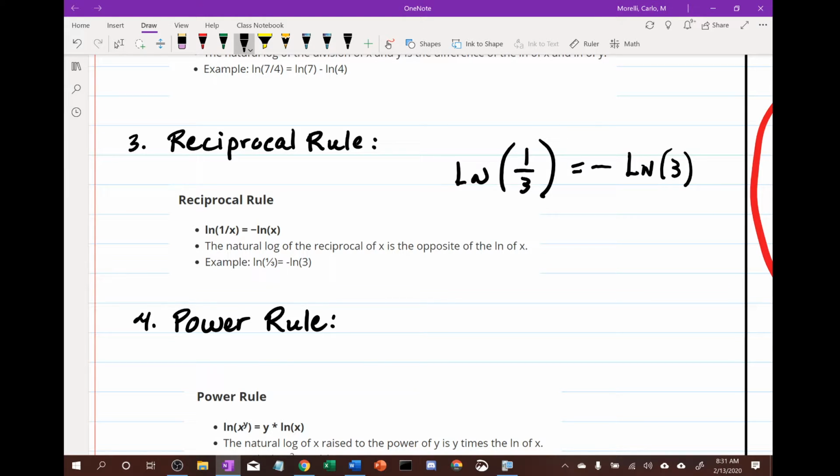So the way I read it is I say ln of numerator over denominator equals negative ln of denominator. Right? And this only works if n equals 1.